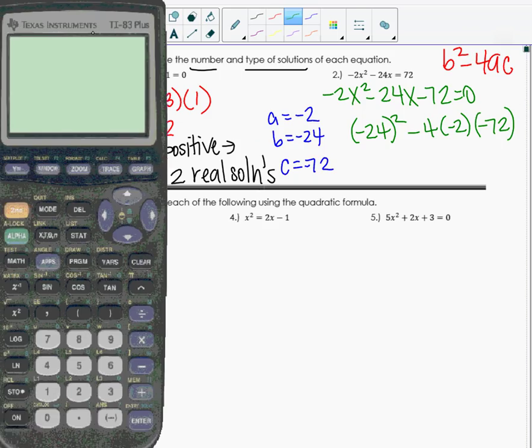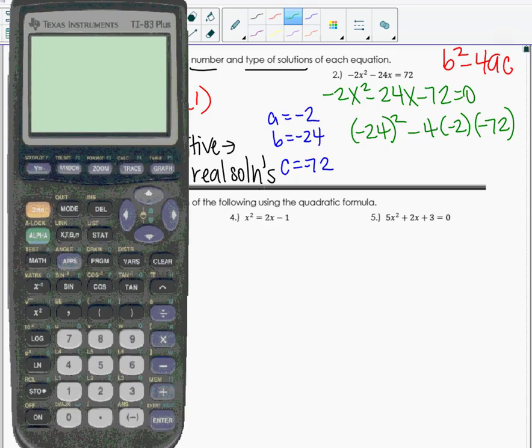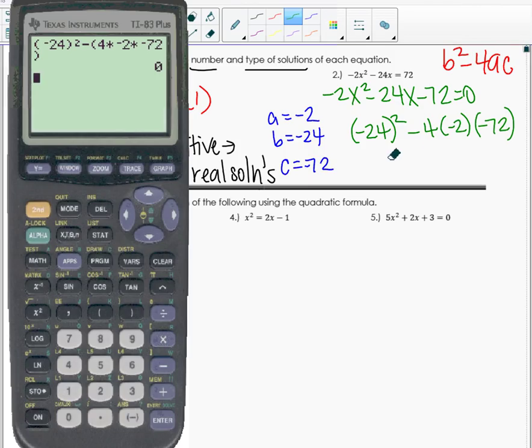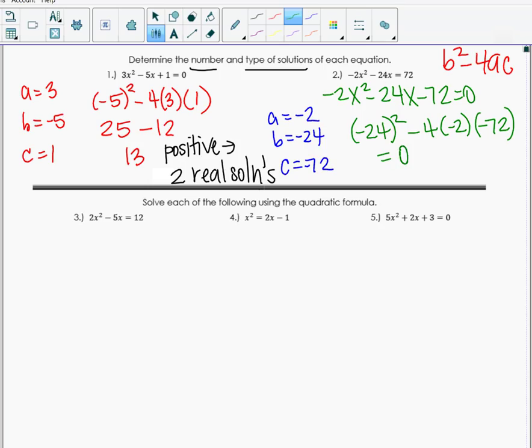Okay, obviously at this point we're going to be picking up our calculator. You guys, I know we haven't picked up the calculator yet, but with the quadratic formula, we're definitely going to be using the calculator. Okay. So we have negative 24 squared minus 4 times negative 2 times negative 72, and we get an answer of 0.